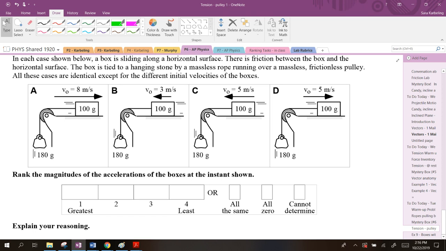Before you begin ranking things, you probably want to draw some free body diagrams, right? And it's all the same system. I'm going to let you chew on it a little bit. Draw a picture. Draw some forces. You've got this, you guys. This will prove to me that you get this stuff. Go for it. There's a lot of good physics in this problem.